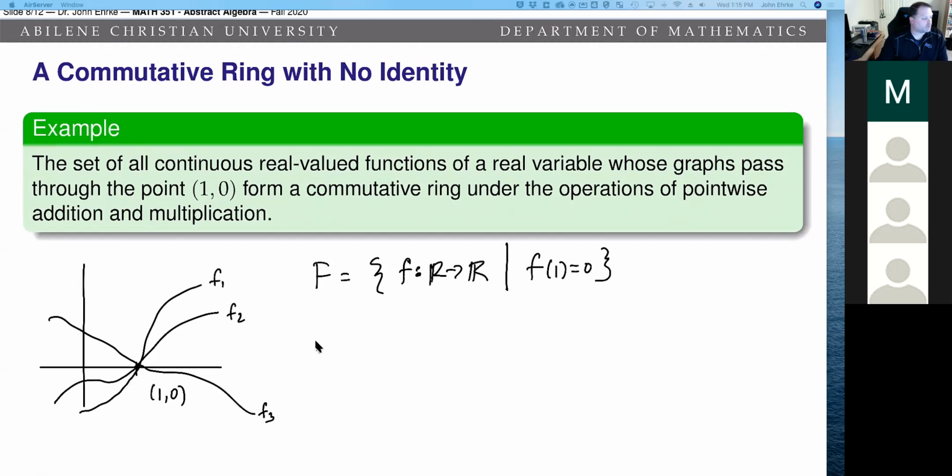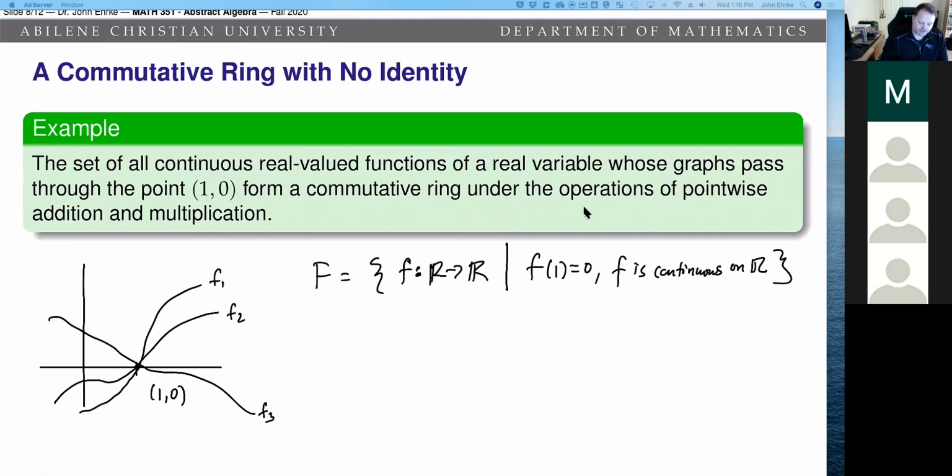That's the set that we're working with here. It's the set of all functions that take the reals and map them onto the reals such that f(1) is equal to 0, and f is continuous. So that set is the set that we're looking at here.